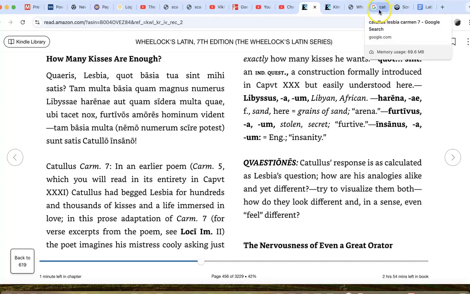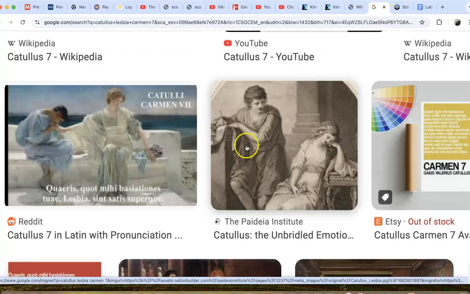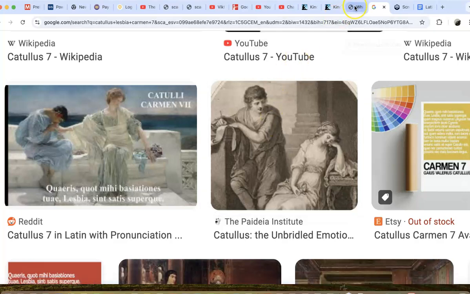If I pull up a picture, you can see these aren't the most exciting, but a very, very famous series of poems by Catullus, who was a contemporary of Virgil, and he was younger than Cicero, but he lived sort of at the end of the Republic and the beginning of the Empire in the 1st century BC. This poem, along with many of his other poems, has been the subject of a lot of interpretation and commentary. So that's sort of the literary context for that.